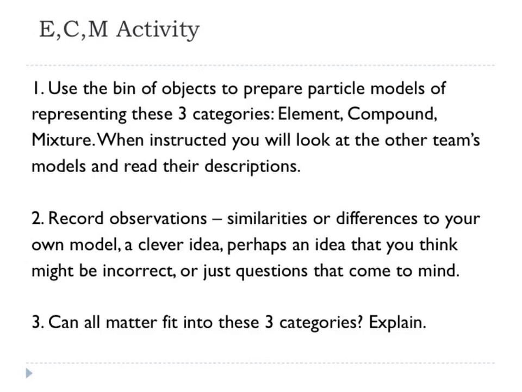And when you do the mixture, do a heterogeneous mixture and a homogeneous mixture. When you think you've got it, I'm going to come around and check your answers, and then we're going to go on. Are there any questions as to what you're doing? All right, get back there and go.